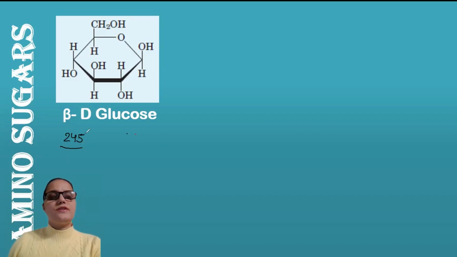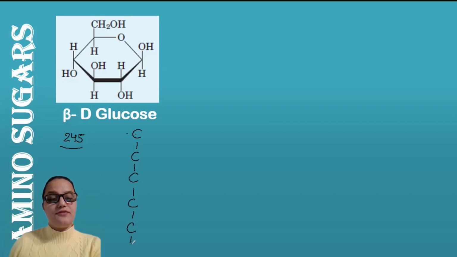So this is 245. We know that 245 is the code for glucose from the video Biochemistry 2. If you have not watched it, watch it first, and then all of this which I'm talking about right now in this video will make sense. So glucose is aldohexose, right? It means 6 carbons.